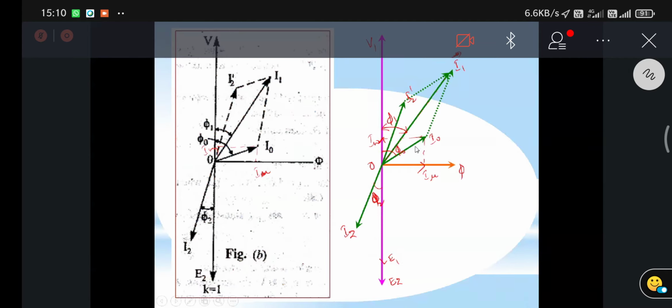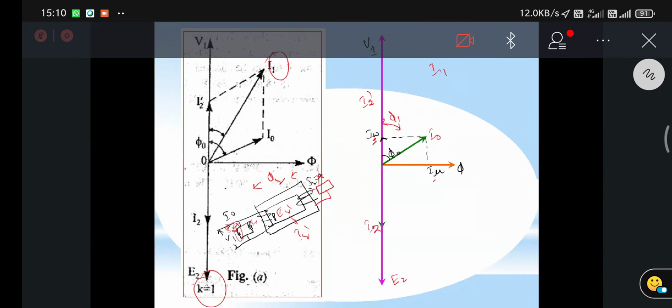If the resistance is constant, I will go with the circuit diagram. Here you can see, V1 equal to minus E1.